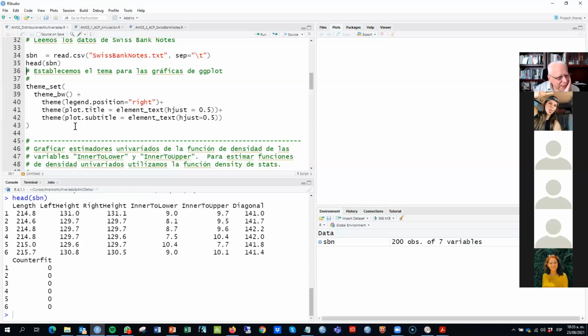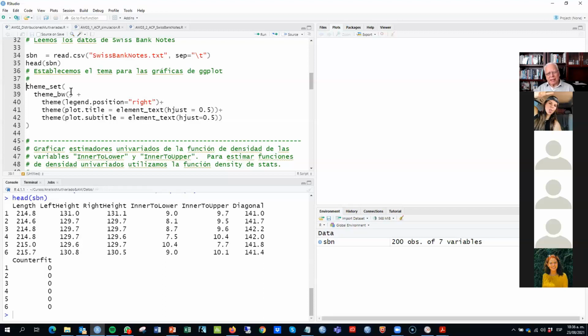Thank you. The first instruction that I have here, you don't have to do it. ggplot generally generates the plots with a light gray background, and the title is aligned to the left by default. Since I prefer a white background and I want the title in the center, I always run this theme set.